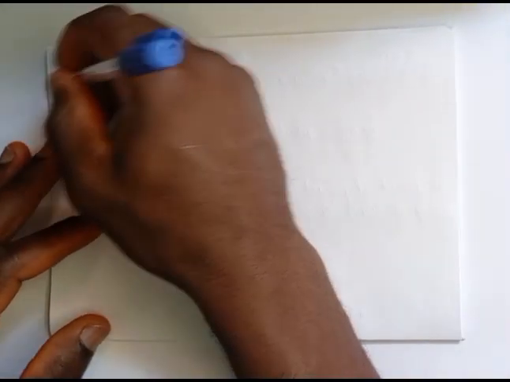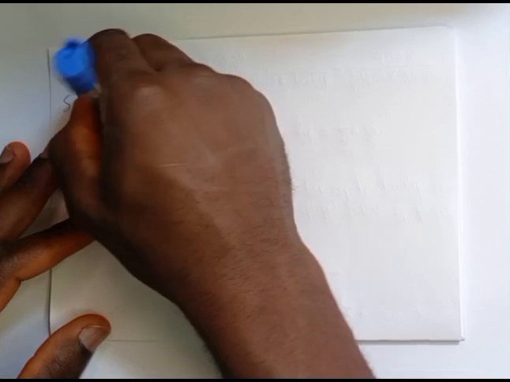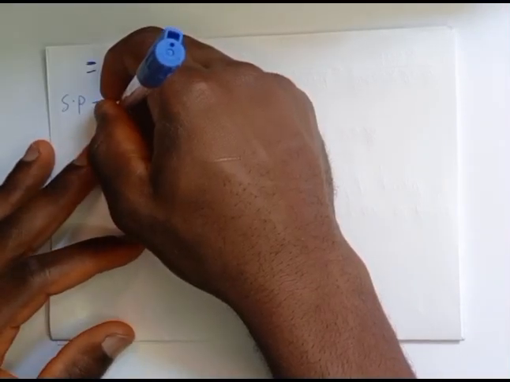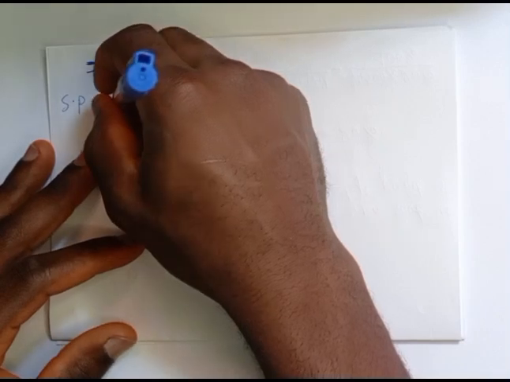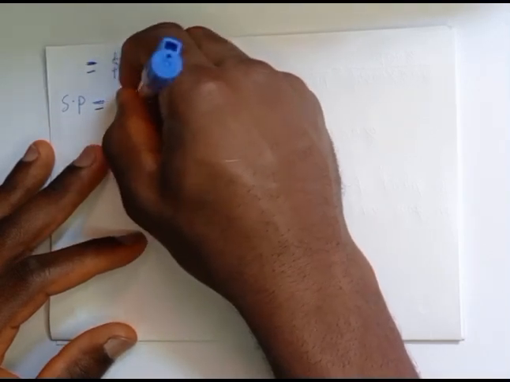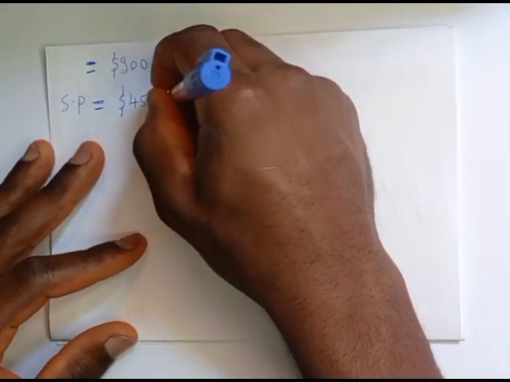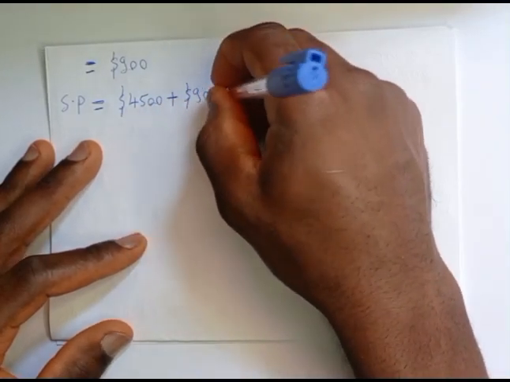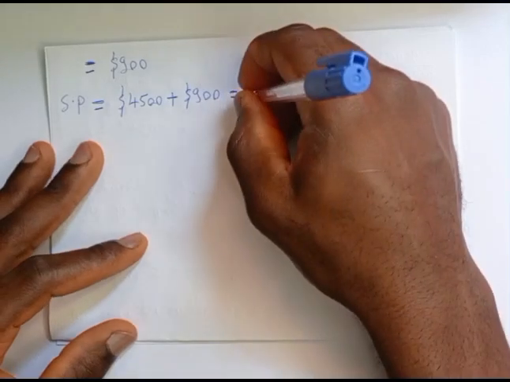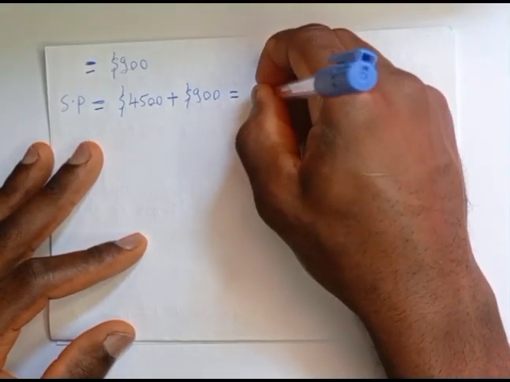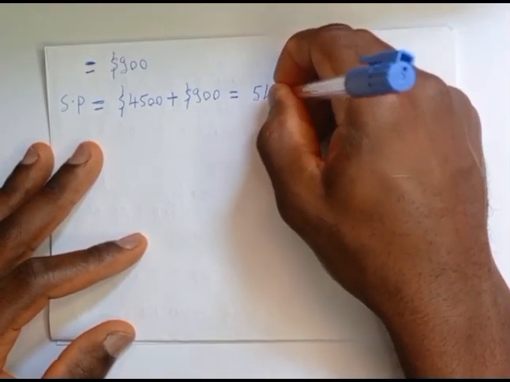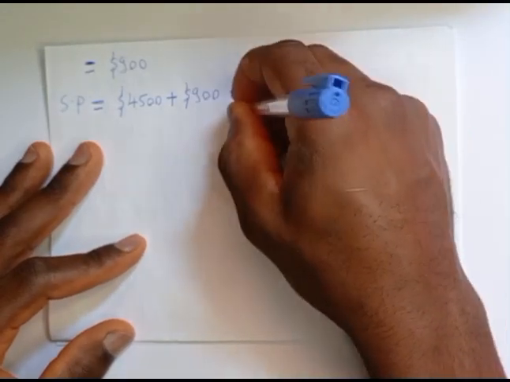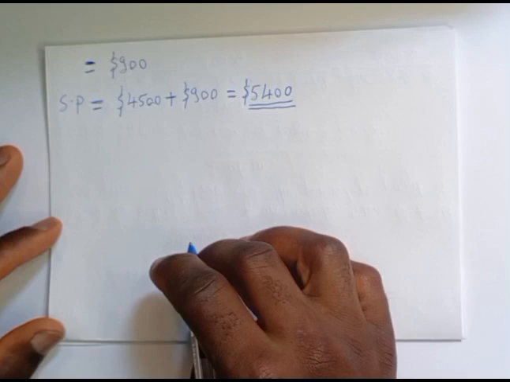Now we can find the selling price of the article by adding the cost price and the profit. The cost price is $4,500 plus the profit, which is $900. This will simply be equal to $5,400. This is the selling price of the article.